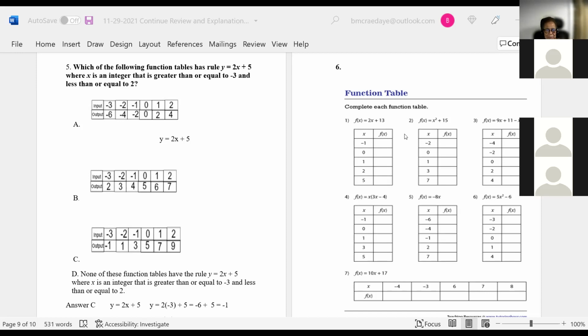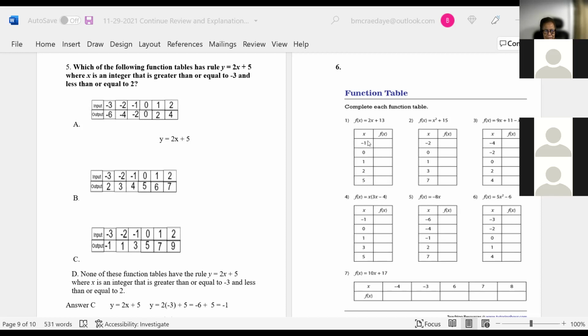Latoya, you following? So what would be the second f of x? She says 13. Audrey, you see that? 2 times 0 is 0, and 0 plus 13 is 13. Wherever you see the x, you put the value you see in this column.